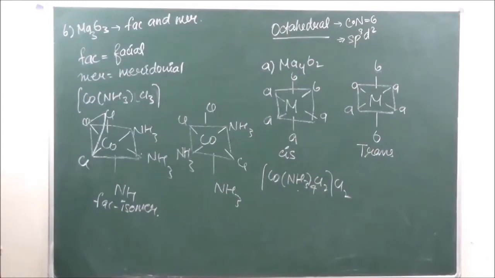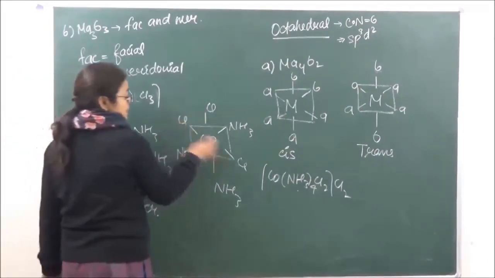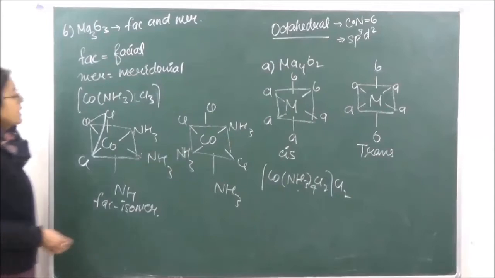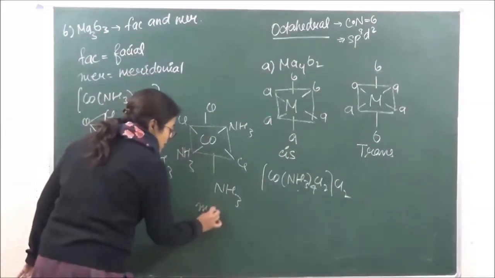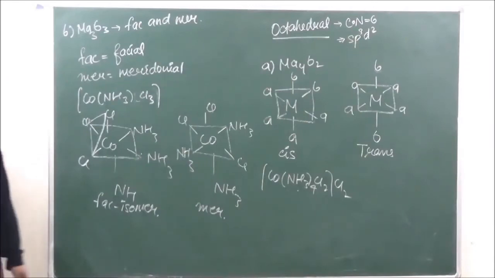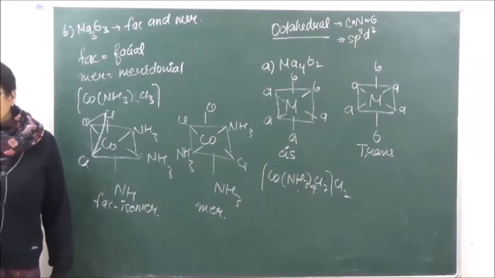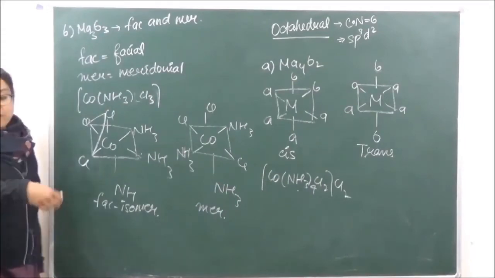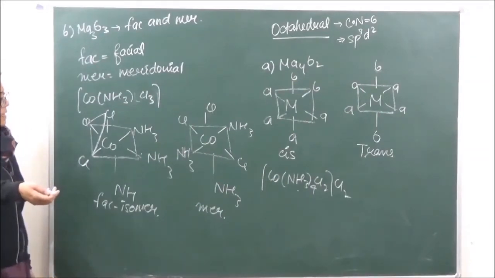It is on the opposite face. We have 2 chlorines on the same face, but we have the third chlorine in the opposite face. So this is known as the meridional position, and the isomer is going to be known as the mer isomer. So these are not the cis and trans forms which we can see. We can say that these are the fac and mer positions. Is it clear? So this is facial and meridional isomerism.